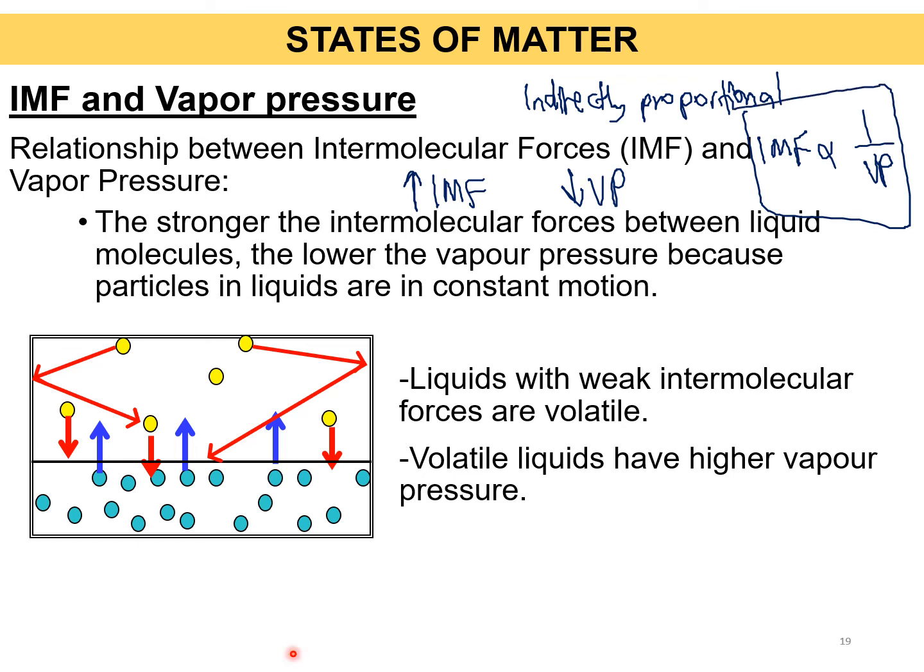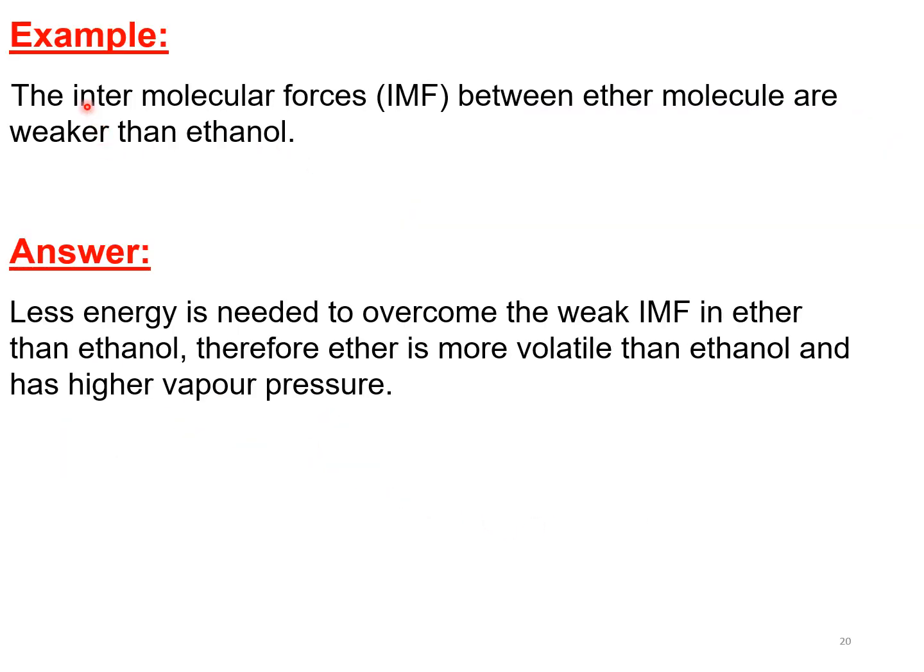Next, liquids with weak intermolecular forces are very volatile. What does volatile mean? Volatile liquids have higher vapor pressure. For example, the intermolecular forces in ether are actually weaker than in ethanol. The relationship between intermolecular forces and vapor pressure is indirectly proportional, so the weaker the intermolecular forces, the higher the vapor pressure.